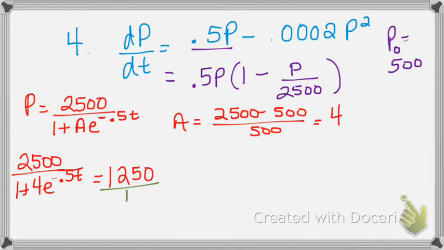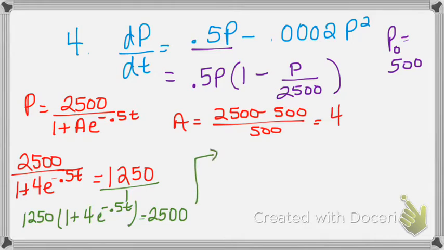Put that over 1, cross multiply if you need to. So that's 1250 times 1 plus 4e to the negative 0.5t equals 2,500. Divide by 1250. Subtract 1. Divide by 4.